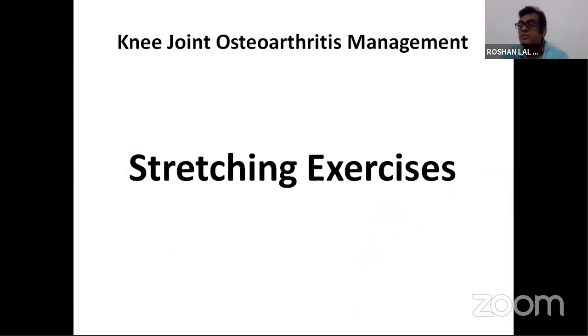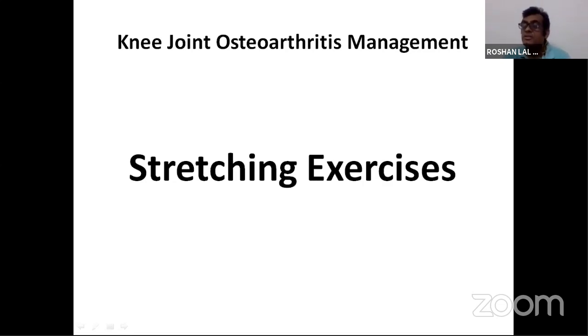Now stretching exercises. Due to pain in the joint, patients avoid movements as movements cause pain. And if the movements are avoided for a long period of time, that results in shortening of the muscles.